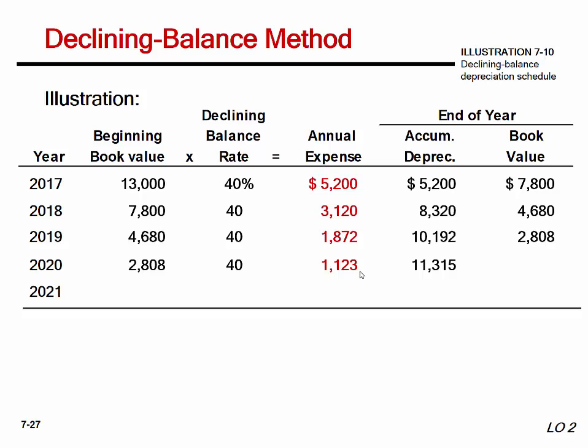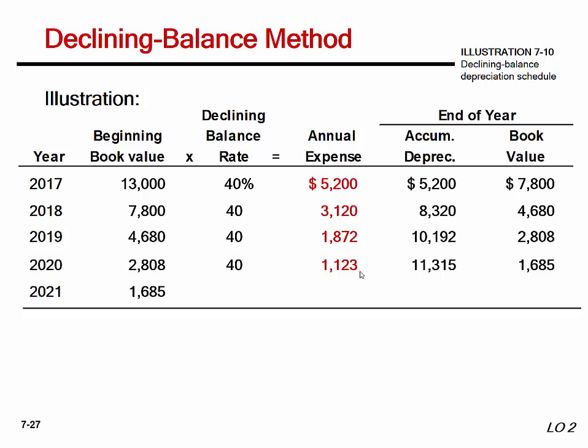Book value. Historical cost of $13,000, whatever we paid for, minus what is sitting in the accumulated depreciation after that adjusting entry, $11,315. If we do that, we get $1,685. Take that book value, roll it to the beginning.